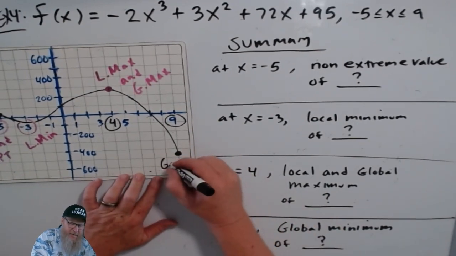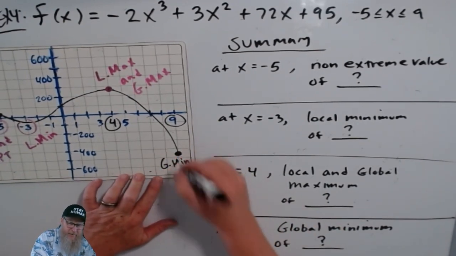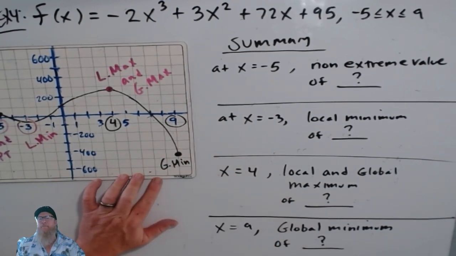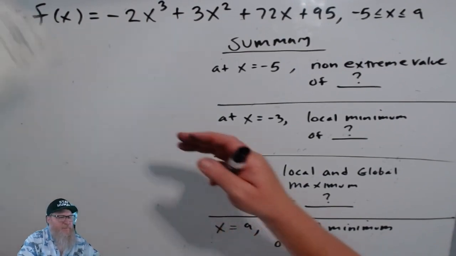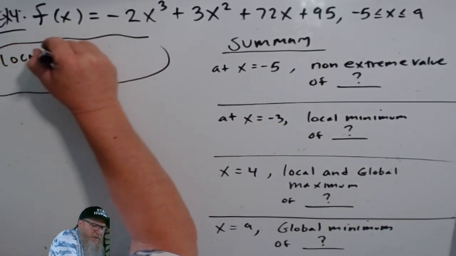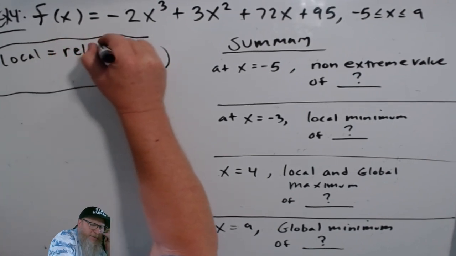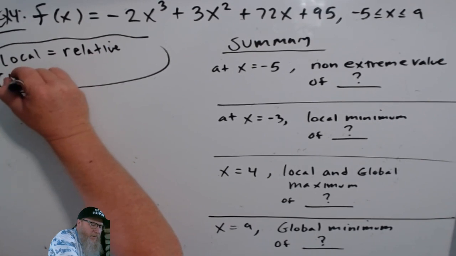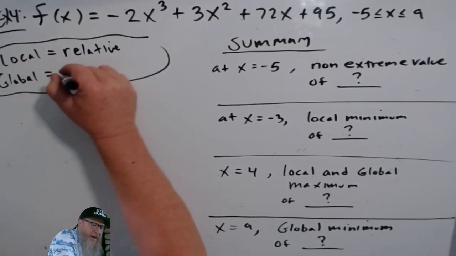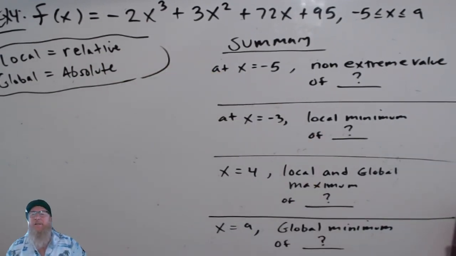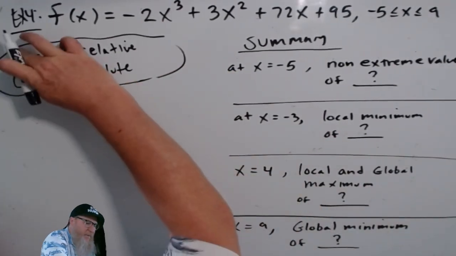This is a G min, global min. Oh, and keep in mind, local is sometimes called relative, and global is called absolute. So we use different terminologies depending on the question.